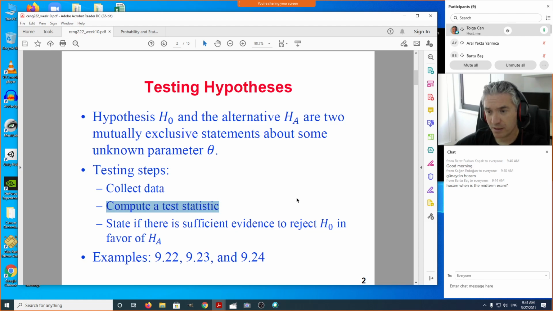The midterm exam, we already had the midterm exam. You mean the final exam? There will be no second midterm. The midterm exam was a couple of weeks ago. So there will be no second midterm exam.